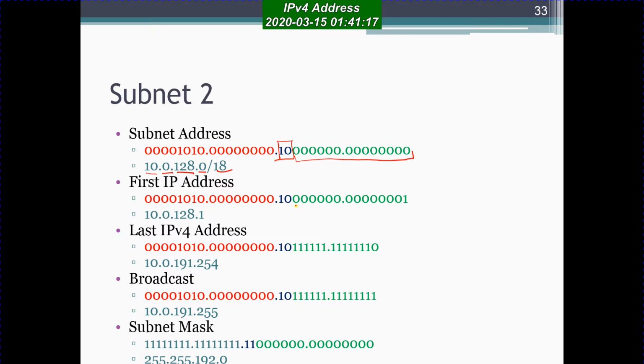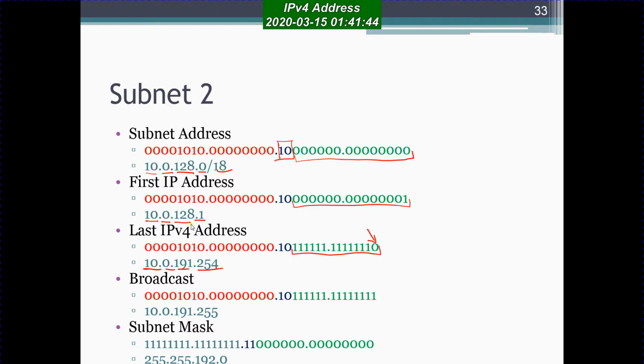Now the first IP address consists of adding the minimum value in the host address field, which makes the starting IP address 10.0.128.1, and for the last IP address we do a similar thing: set all bits to 1 except the last bit, which is left at 0, and then put this IP address as the last IP address.